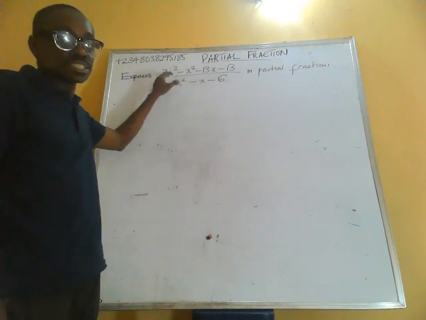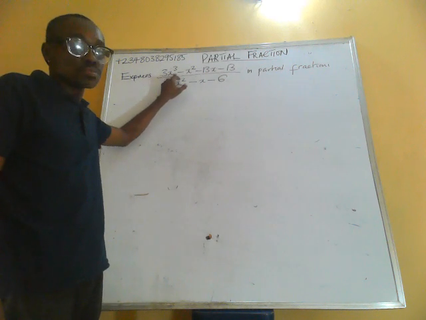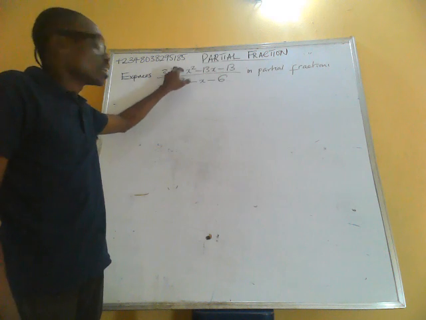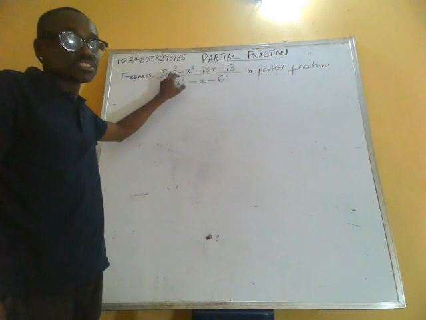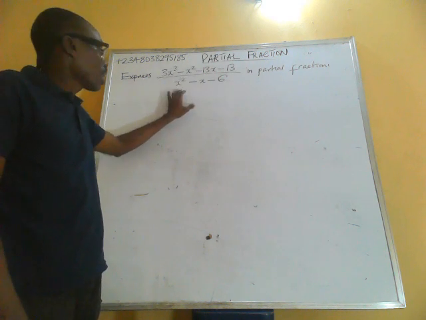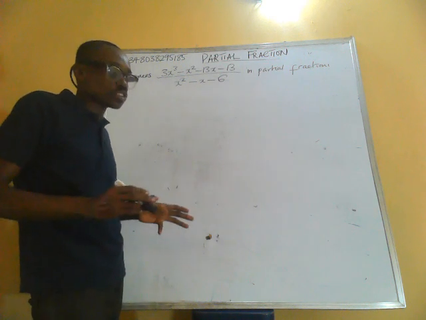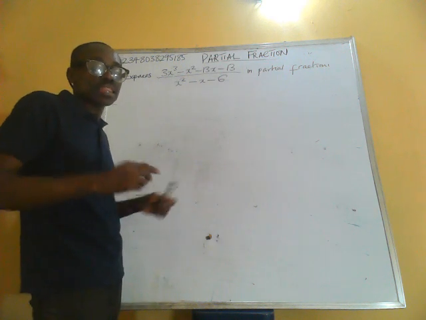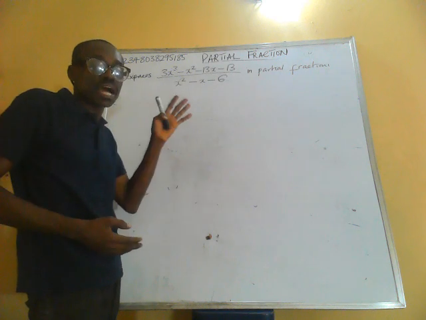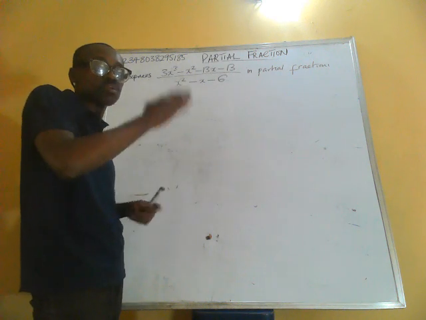Now looking at this, the highest power in our numerator is 3, x raised to the power 3, while in the denominator x is raised to the power 2. But the law of dealing with partial fractions is that the highest power in the denominator should be bigger than the highest power in the numerator, but this is the reverse.